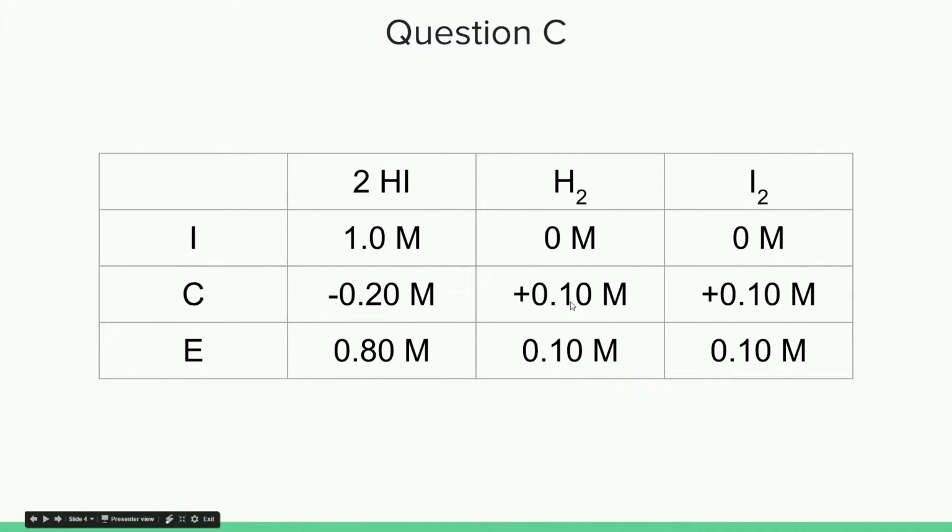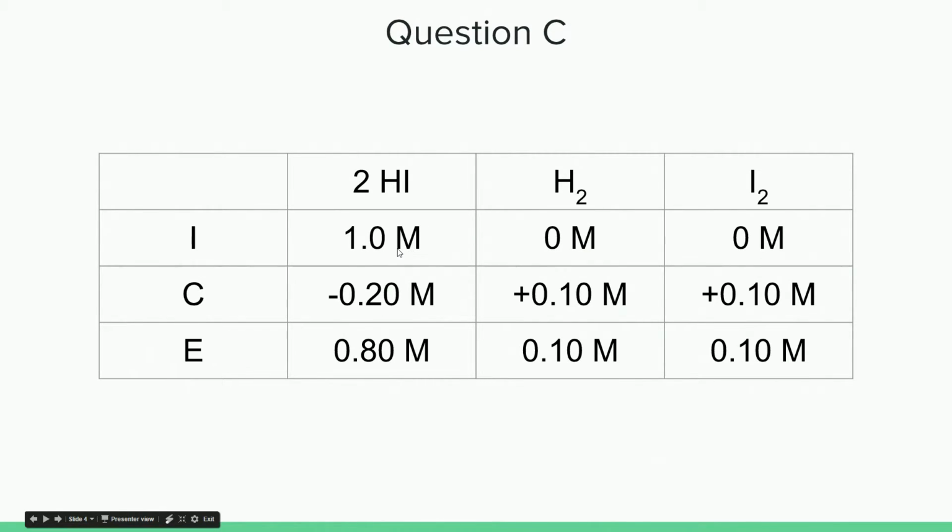H2 and I2 both gain 0.1 molarity because according to the conservation of mass, no mass is created or destroyed. So obviously the moles have to go to H2 and I2. It's split evenly because H2 and I2 both have 1 in the coefficients. And so you end up with 0.8 molarity of HI at equilibrium and 0.1 molarity for H2 and I2 at equilibrium.